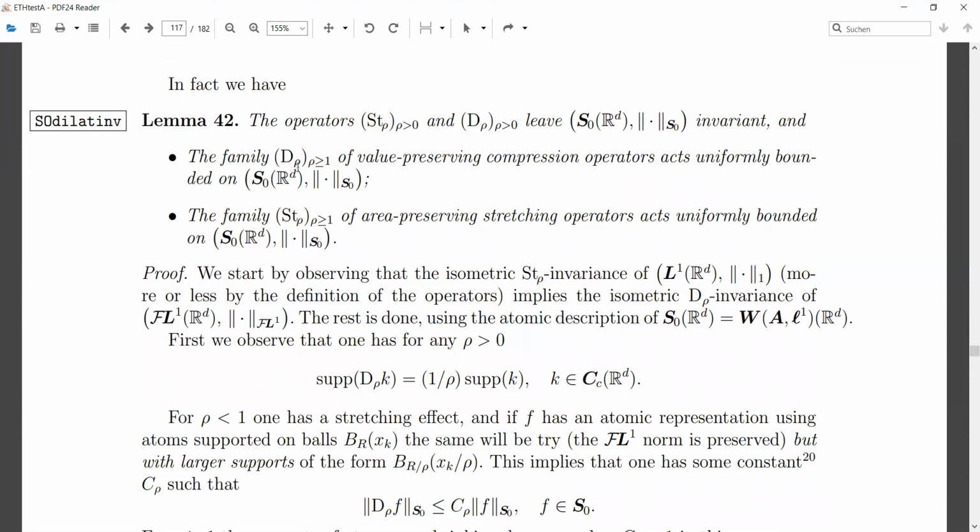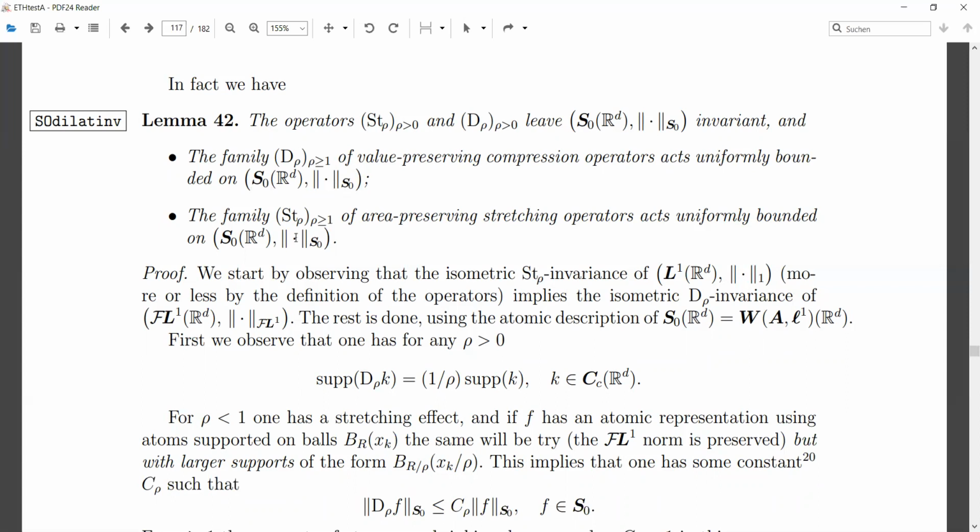That's the case when you want to compress a triangular function to a narrow triangle without increasing the peak value. That's the operator that will be uniformly bounded. So all the triangular functions with the basis less than 1 are all uniformly bounded in the S0 space. I mean, actually in the Fourier algebra, because they have common support.